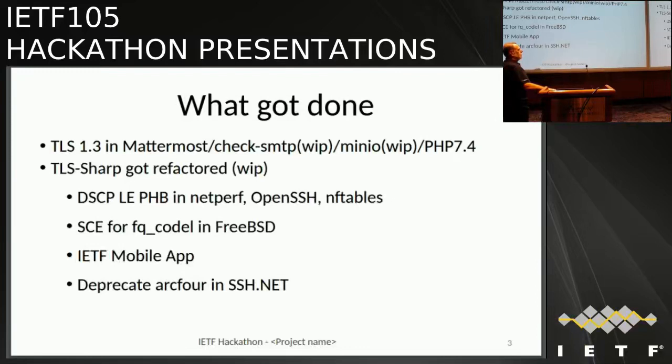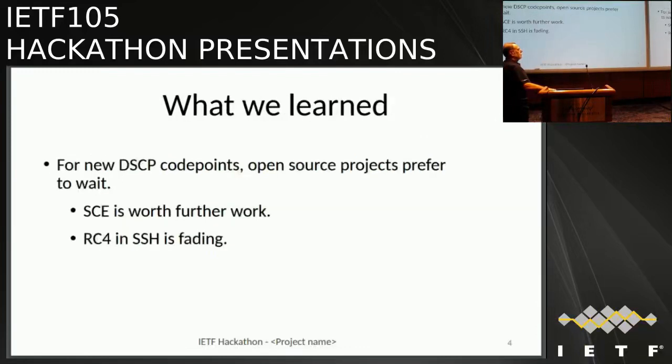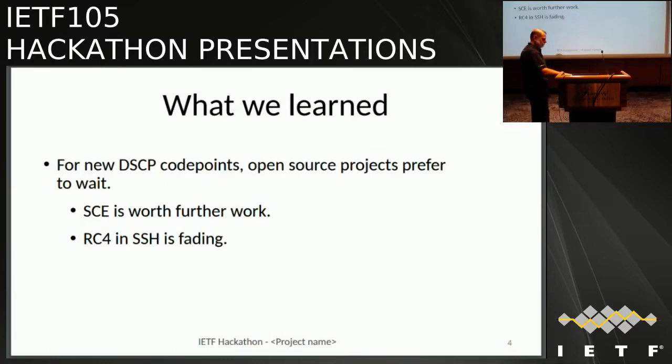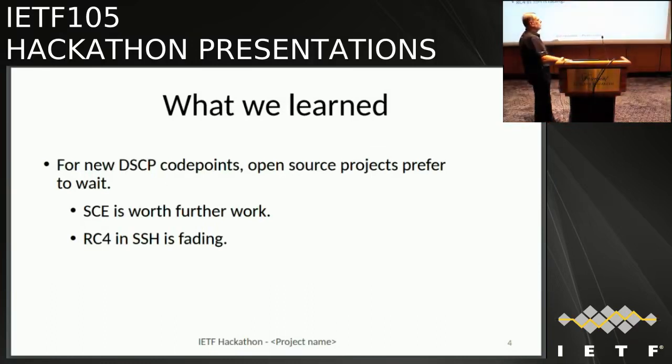So next slide, please. So what we learned basically was open source projects tend to want to wait for new DSCP code points to become RFC before accepting patches. That's the case for SSH, so we wanted to wait. RC4 in SSH is mostly fading away. It's mostly going away. We've not seen that many cases of open source projects still shipping with it.